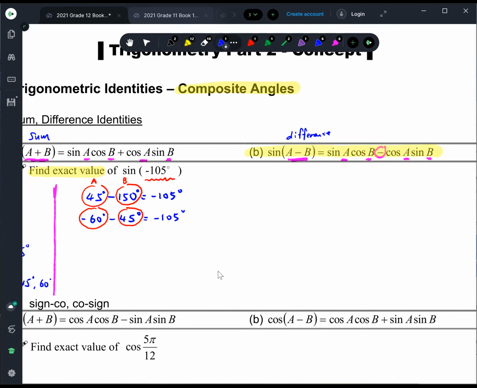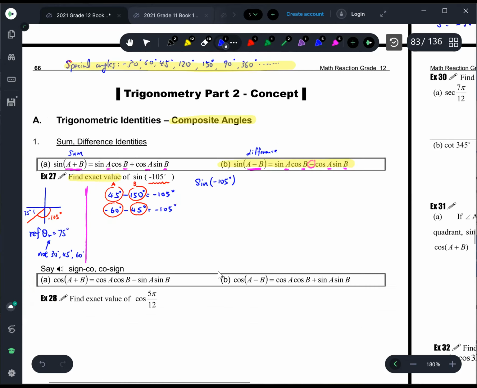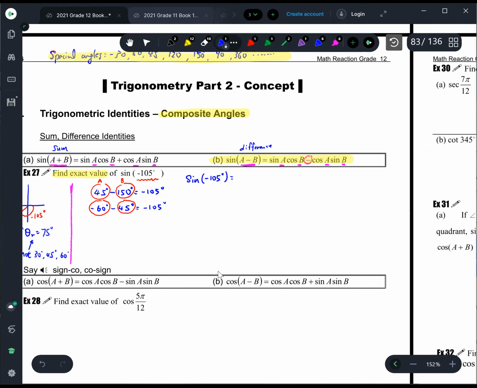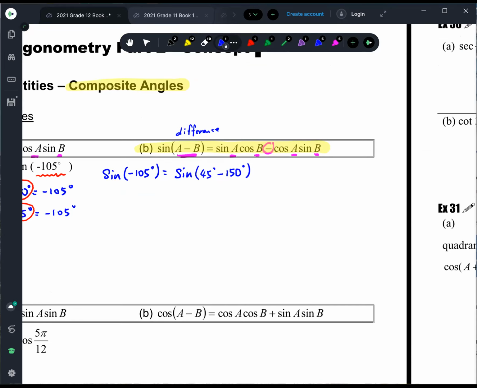So write it out, sine of negative 105 will equal to, we'll use the first option, okay? 45 minus 150. Okay, A is the 45, B is 150. Okay, you can write it down.